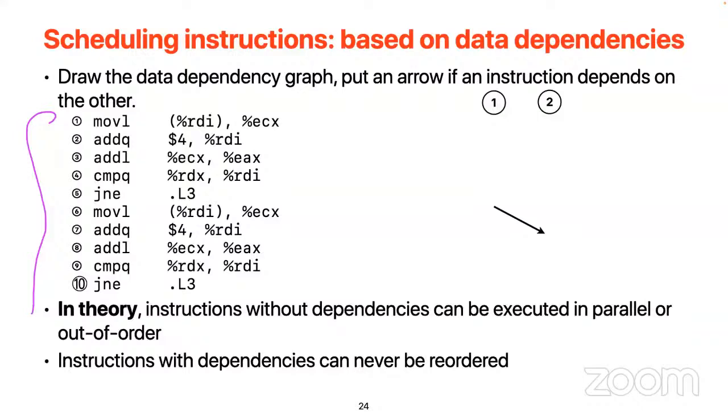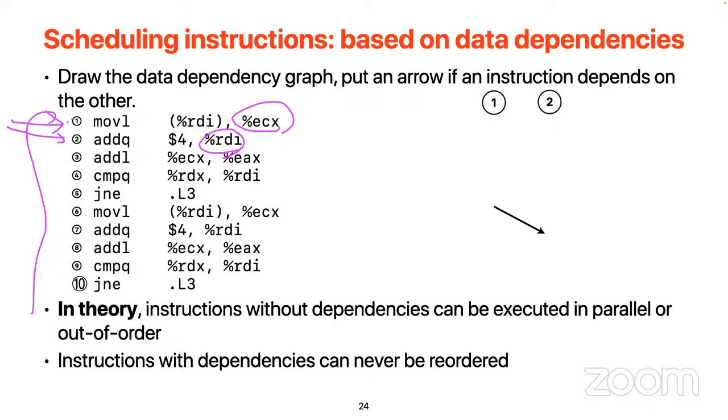For the first two instructions, the target of movl is ECX, and addq depends on RDI as the input and generates an output of RDI. However, because the first instruction only uses RDI as a source, the outcome of addq does not depend on the outcome of instruction 1. So these two instructions don't have any dependency.